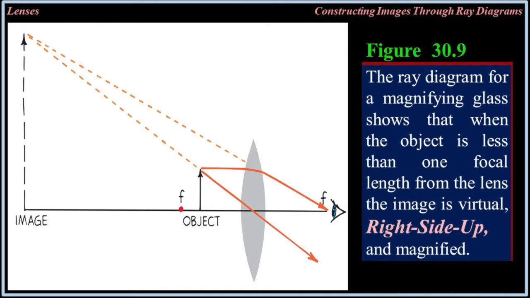The ray diagram for a magnifying glass shows that when the object is less than one focal length from the lens, the image is virtual, right side up, and magnified.